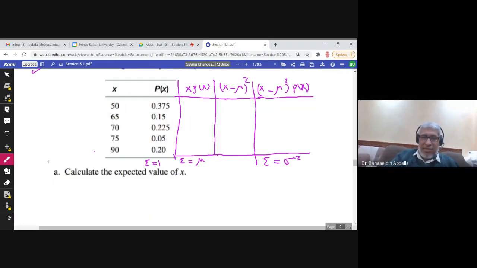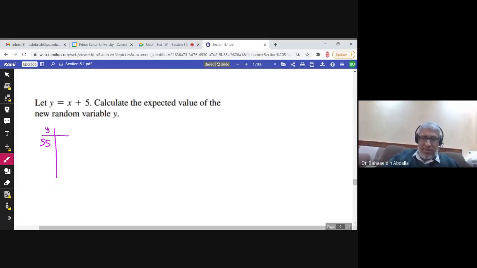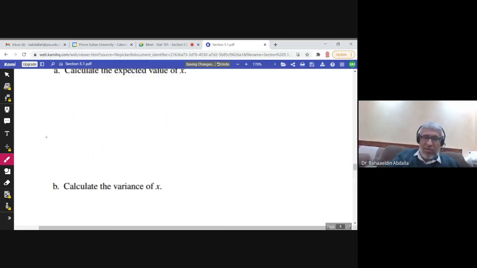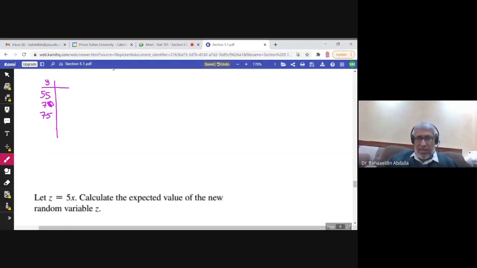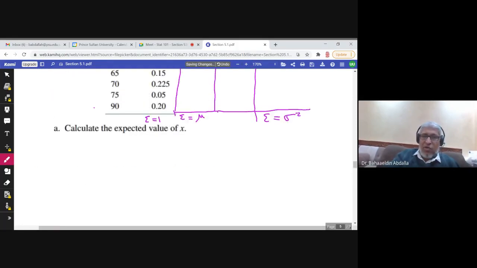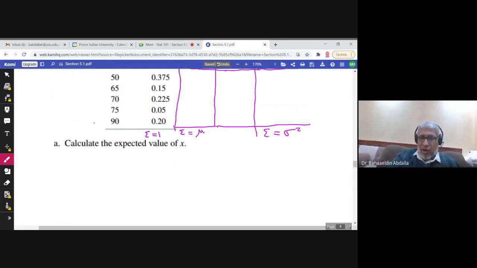X is 65, 70. 70 would be 75. So you are just adding 5 to each value of x. I have 75, it would be 80, and I have 90, I believe, so it would be 95. So these are the values of the new variable y.